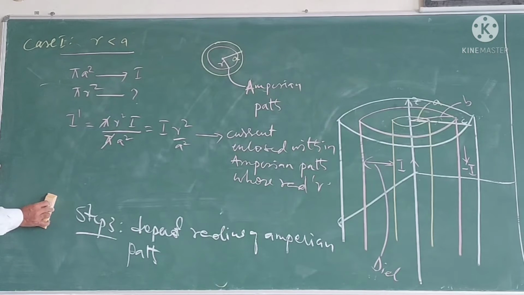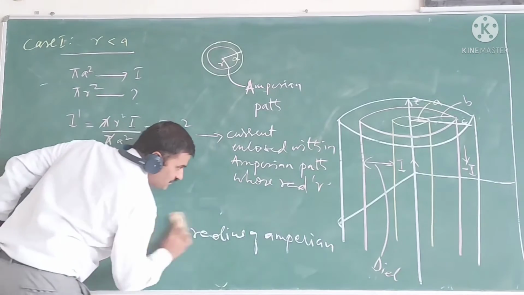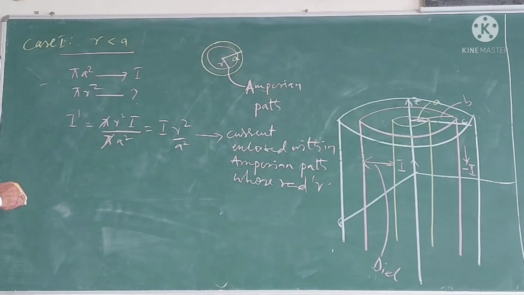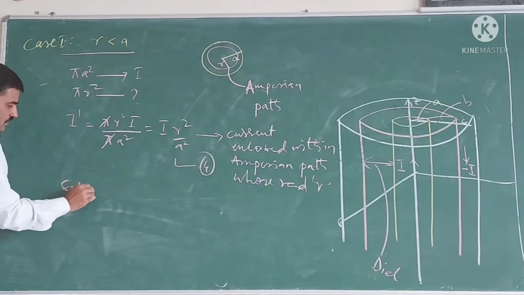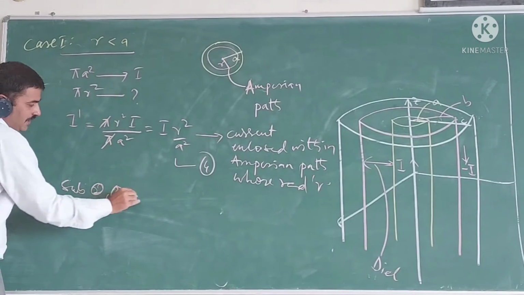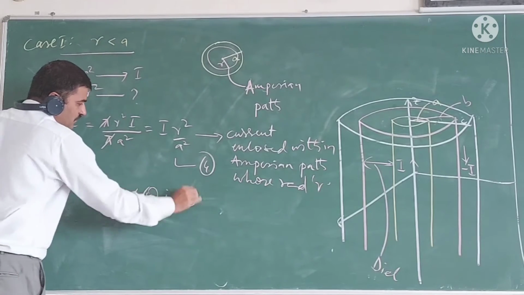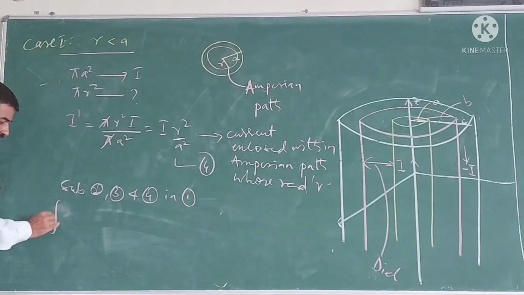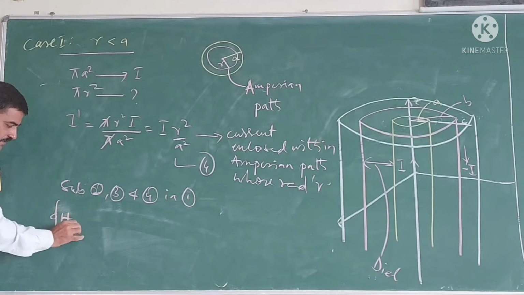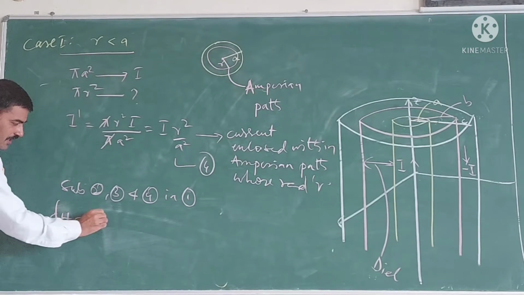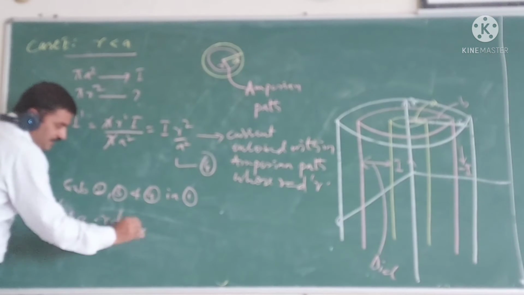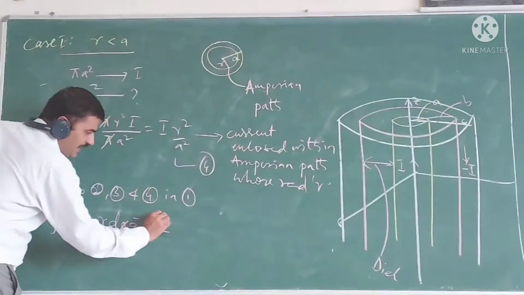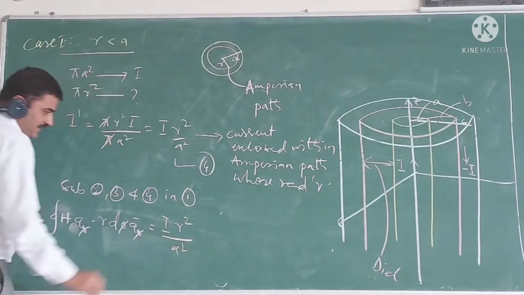Shall I write this? Then what is that equation 1? Call this equation number 4. Substitute 2, 3 and 4 in 1. What do you get? H dot dl, and what is I? I R square divided by A square.